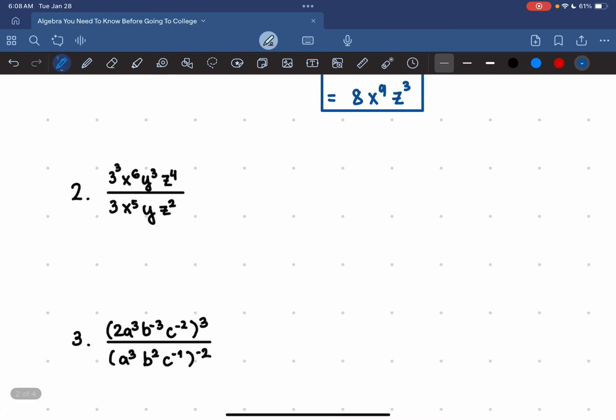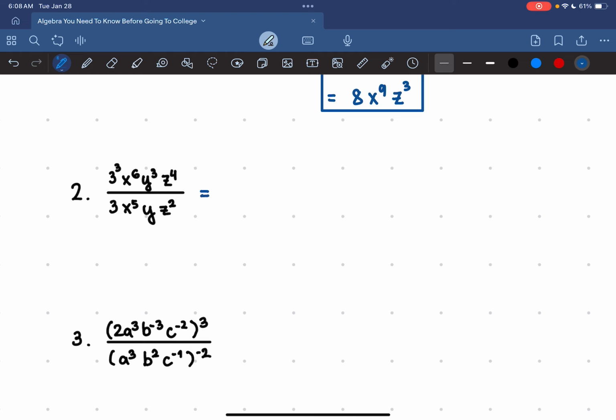So this is 3 cubed x raised to 6 y cubed z raised to 4 all over 3 x raised to 5 y z squared. So how do we do this? A while ago we multiplied. When we multiply, we add. When we divide, we subtract, basically.